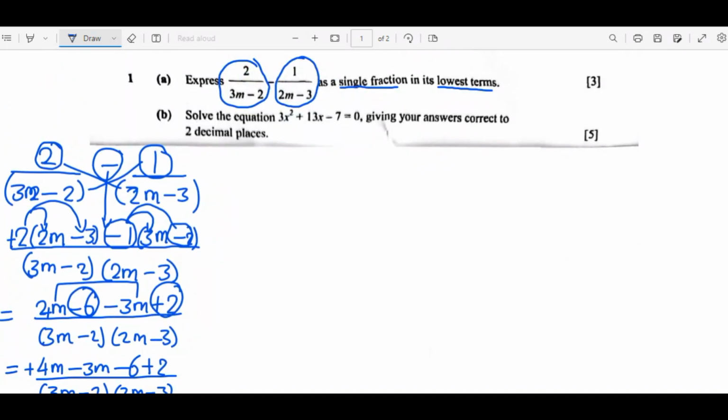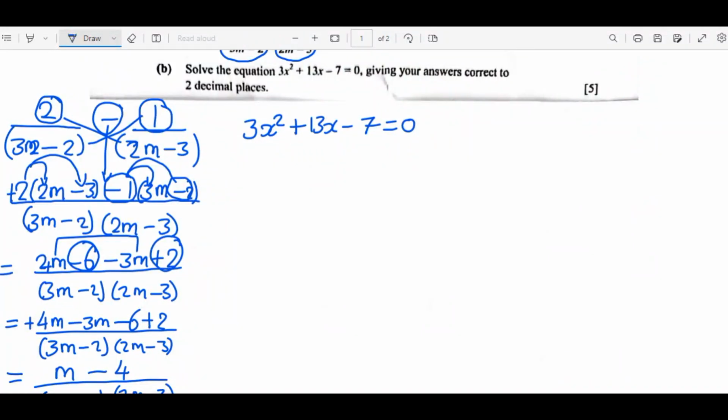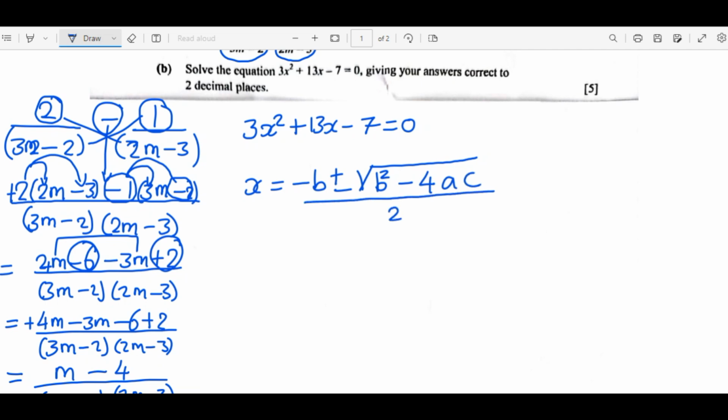Now we move on to question B. Under question B, we are given a quadratic equation, 3x squared plus 13x minus 7 must be equal to 0. So we are going to use the quadratic formula. The quadratic formula is x is equal to minus b plus or minus the square root of b squared minus 4ac, divided by 2a.